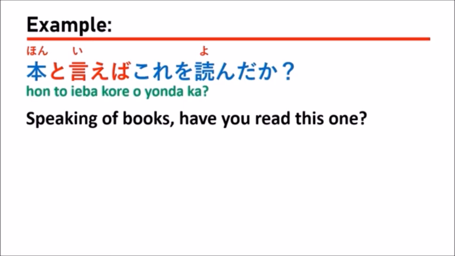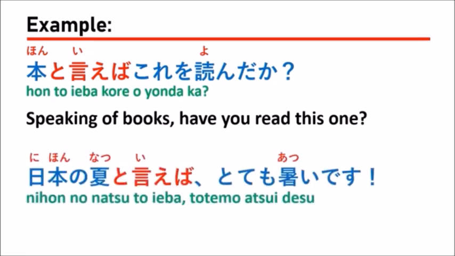So it's just the title of a book that many people will know. In this case, you can say, have you read this one? You can just show it to the person you're talking with. So they say, hon to ieba kore o yonda ka? Which means if you're talking about books, have you read this one?